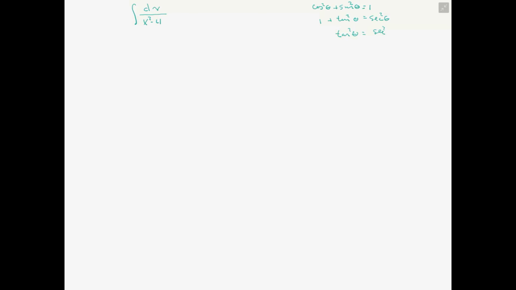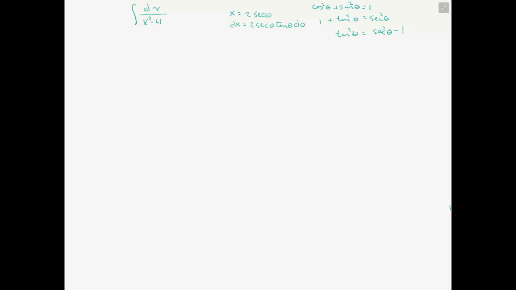Well, remember we got cosine squared theta plus sine squared theta equals 1. We have 1 plus tangent squared theta equals secant squared theta. And tangent squared theta is equal to secant squared theta minus 1.